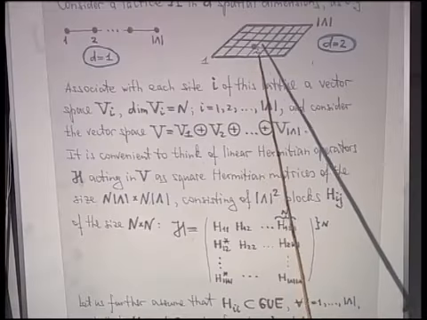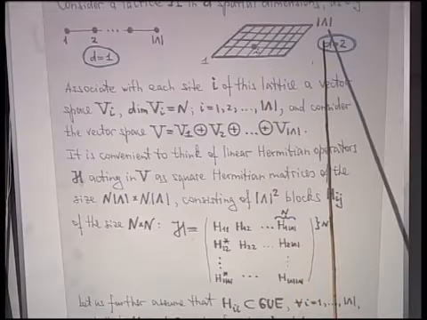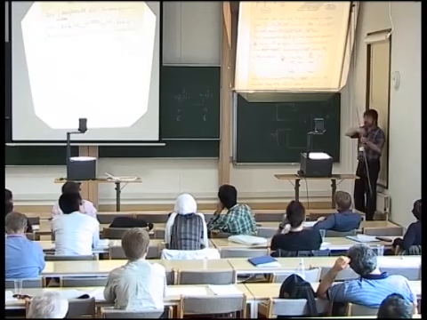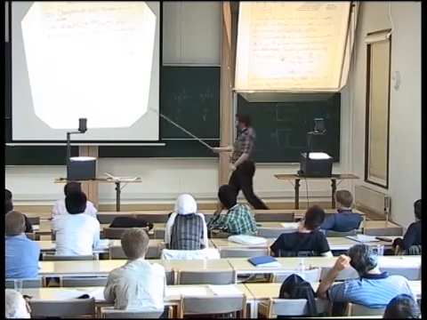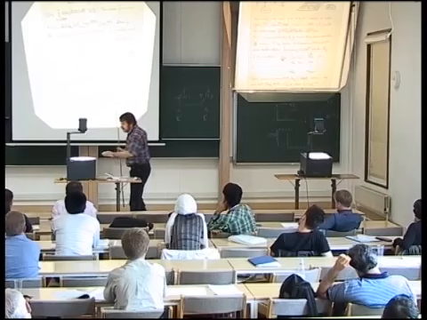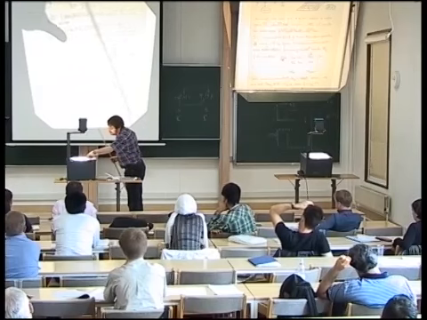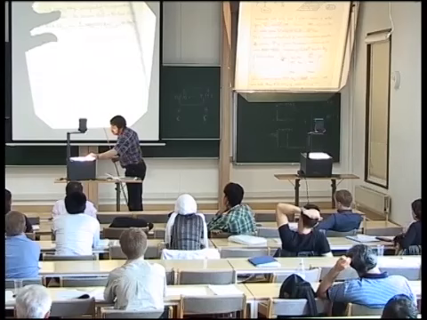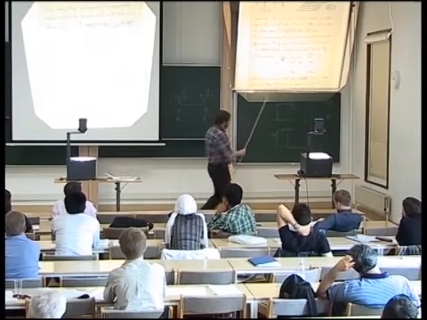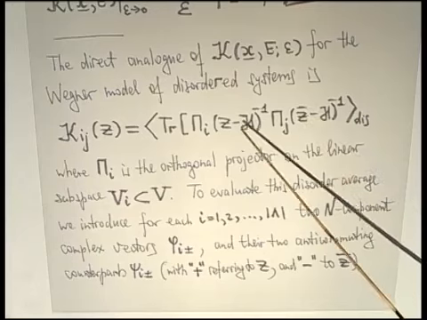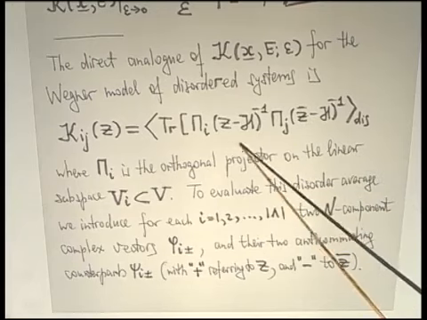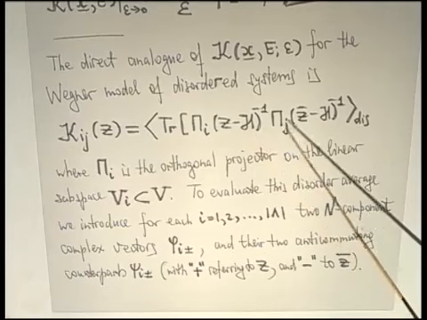So we should effectively sum over all internal structure on one side, sum over all internal structure on the other side, and consider this type of object. This is precisely what is written here in a little bit more formal terms. We introduced an orthogonal projector on the linear subspace spanned by the states of site i, and then this is precisely the object which we'd like to calculate.